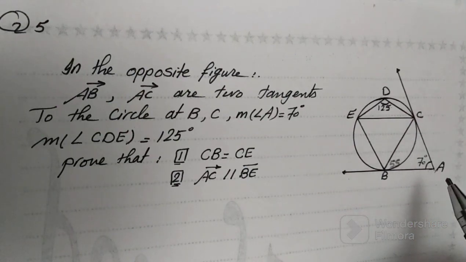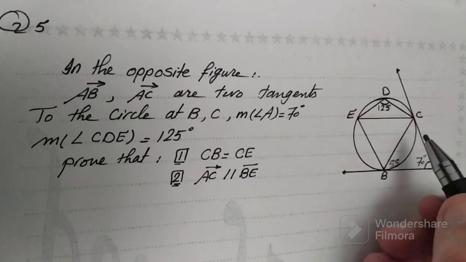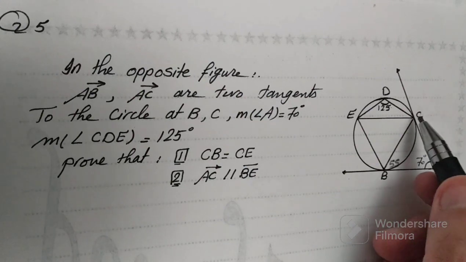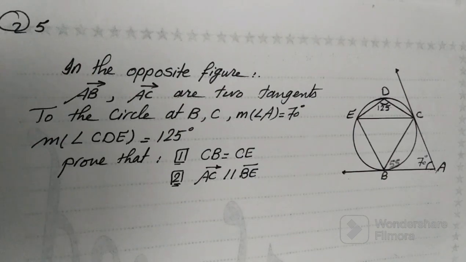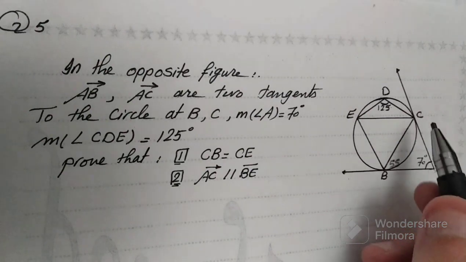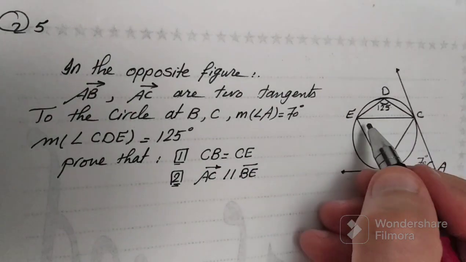Since angle CBA is an angle of tangency and angle CEB is an inscribed angle, therefore the measure of angle CBA equals the measure of angle CEB.